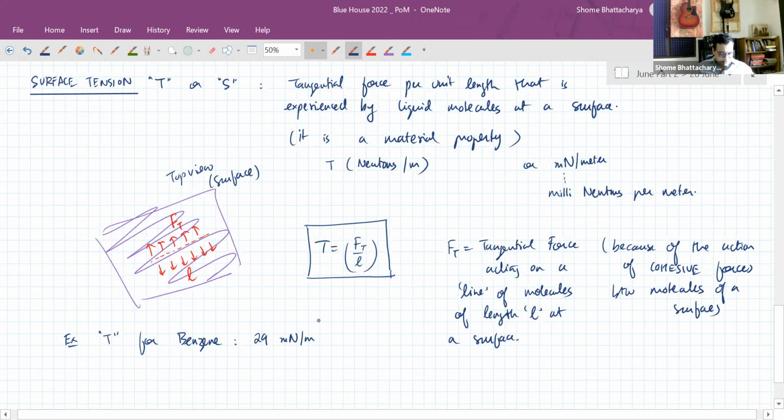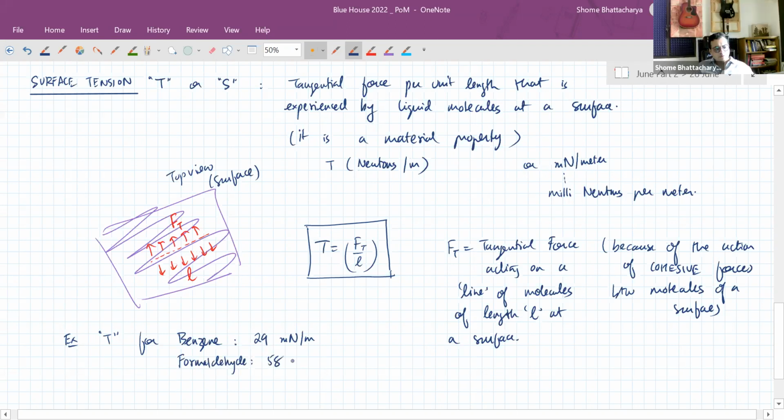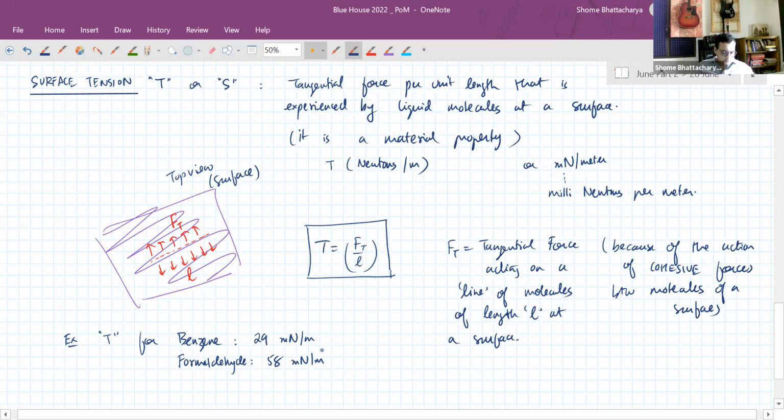Then, for example, formaldehyde, about 58 millinewtons per meter. You don't need to remember, I'm just giving you some examples. Mercury has one of the highest surface tensions, the only known liquid metal, about 425.